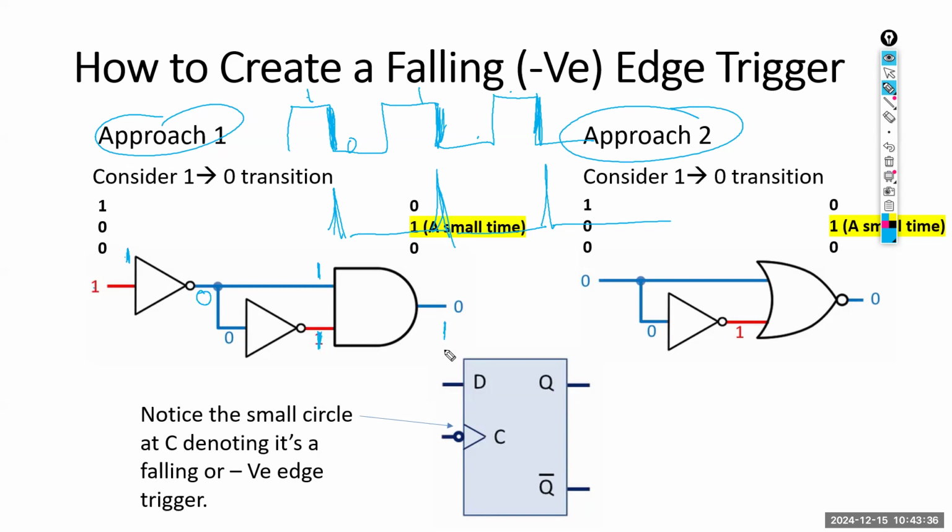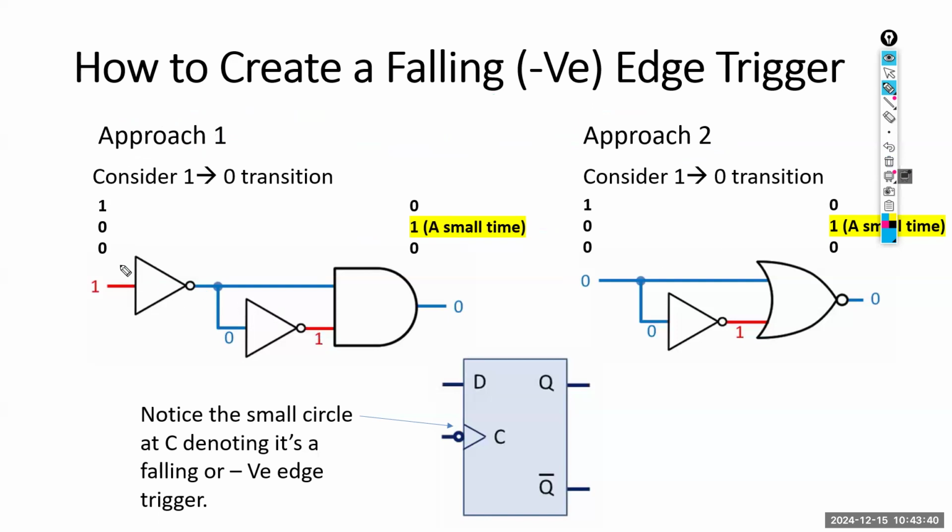Okay. So what happened if you just make it 1, say output is 0. Output is 0, right? While output is 0, now you make it immediately 0.